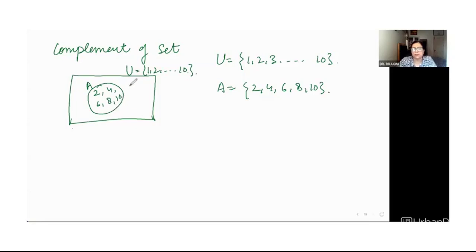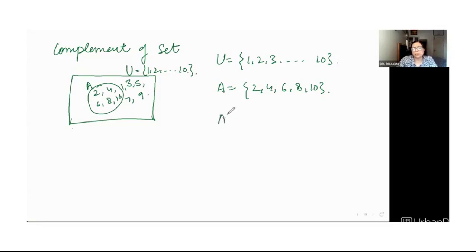What does that mean? Like 1, 3, 5, 7, and 9. This is a set of even numbers. All the odd numbers are there in the universal set, but they are not inside A, right?